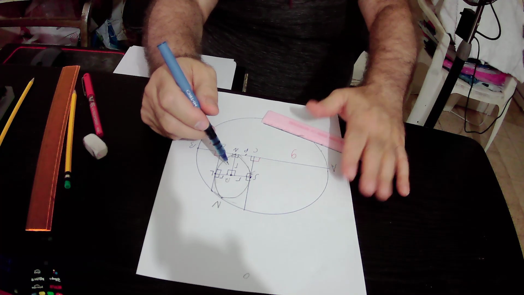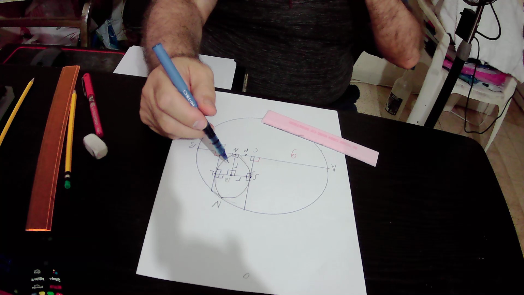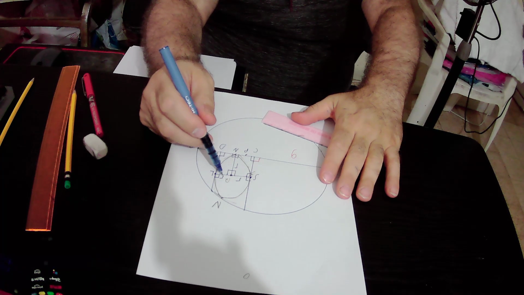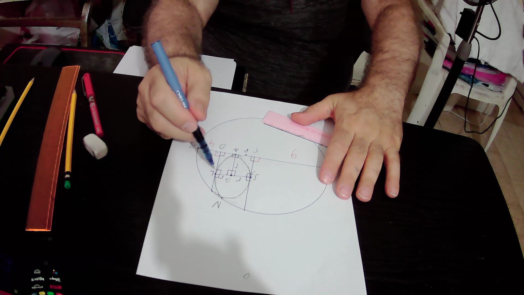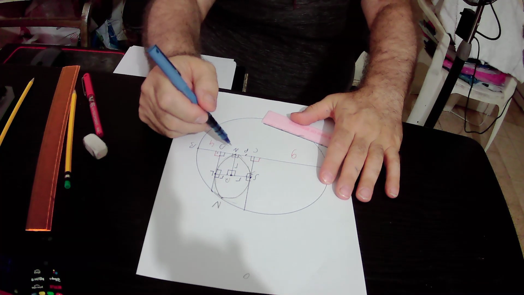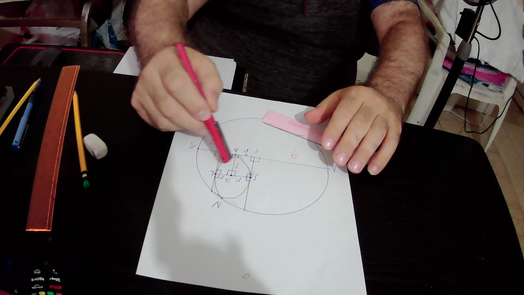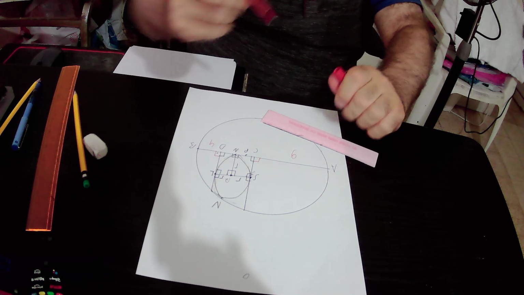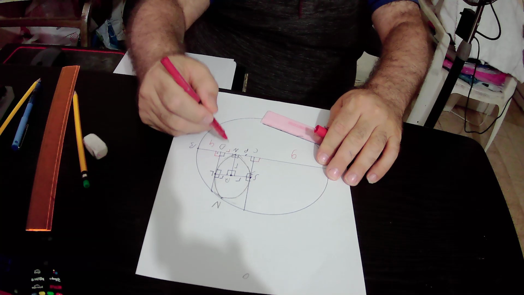And we know that the opposite sides in any rectangle are equal to each other. So if QL is the radius of the circle, then ND equals QL, that is also equal to R, because QL equals ND and QL equals R. So ND also equals the radius of the small circle.